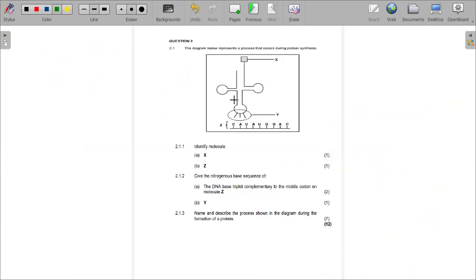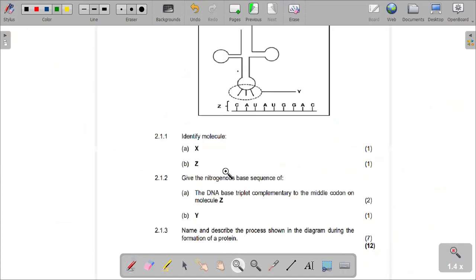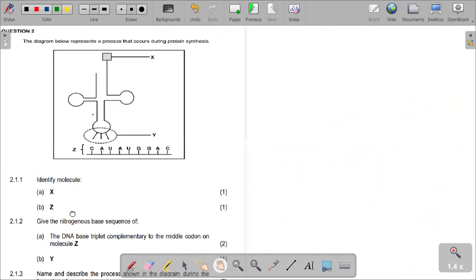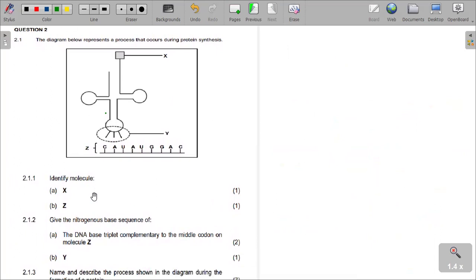Our next question wants us to quickly understand what is happening here. It is also the same thing. I have brought these questions to you so that you can understand it more clearly than what we have done there.